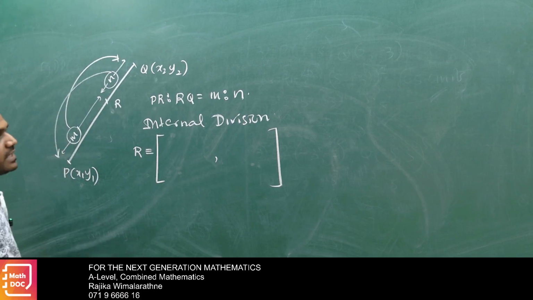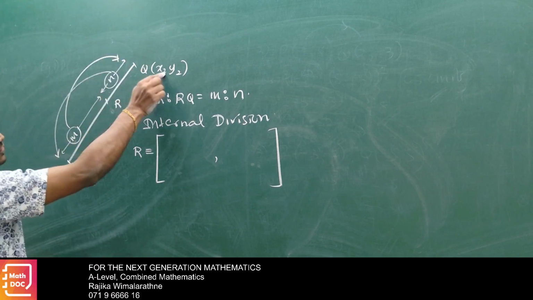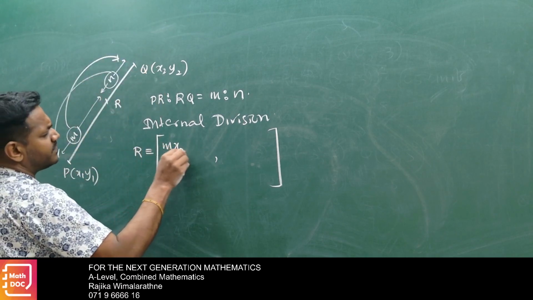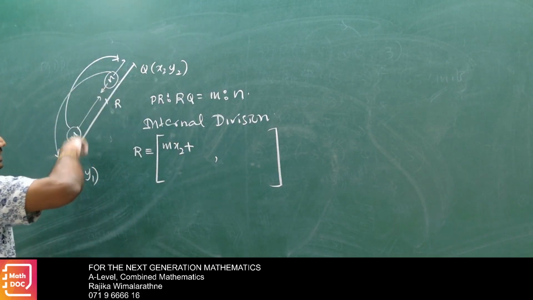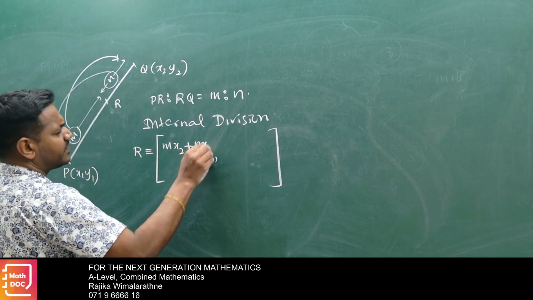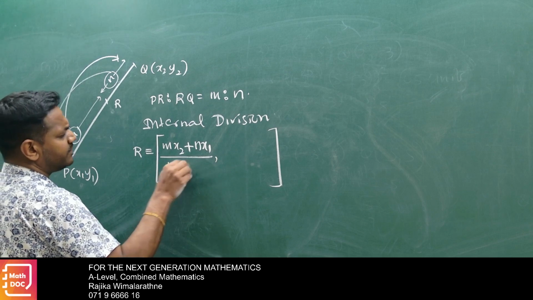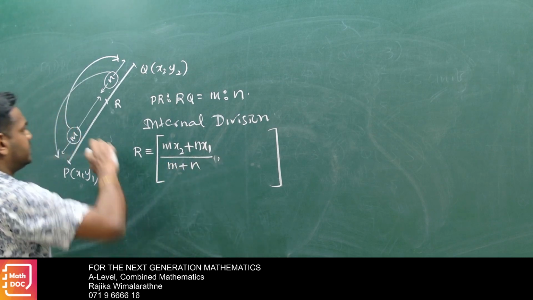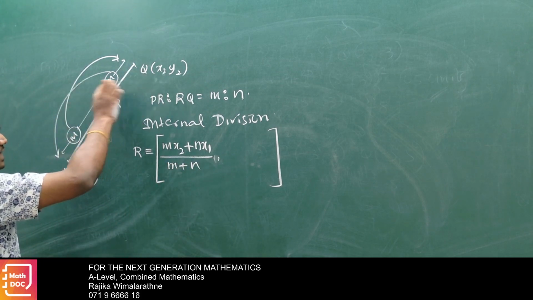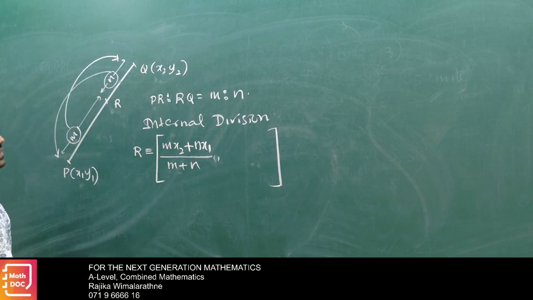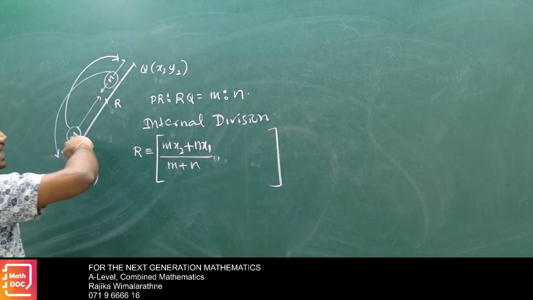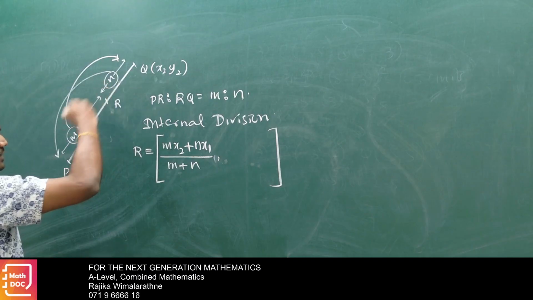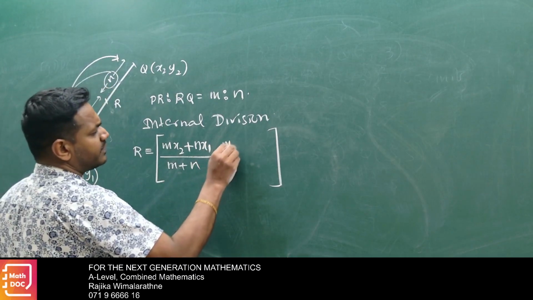So here is the pattern: mx2 plus nx1 over m plus n. Check it again, mx2 plus nx1 over m plus n. Similarly, the y coordinate is my2 plus ny1 over m plus n.